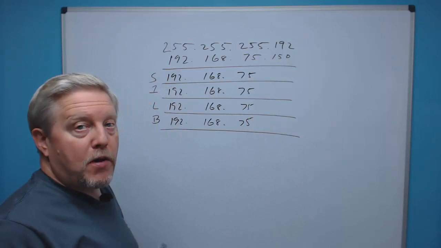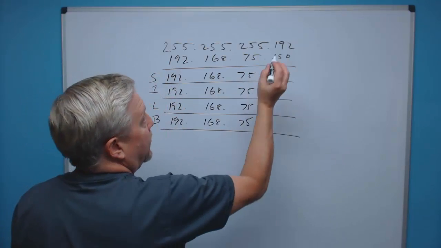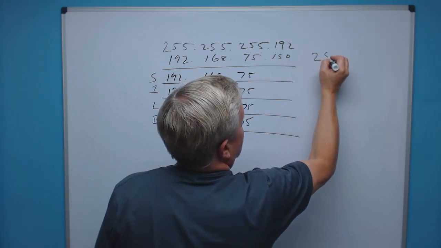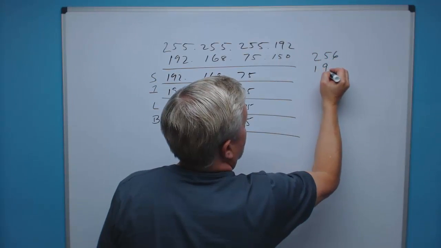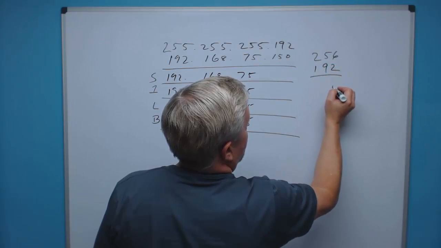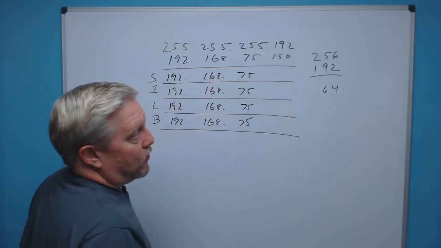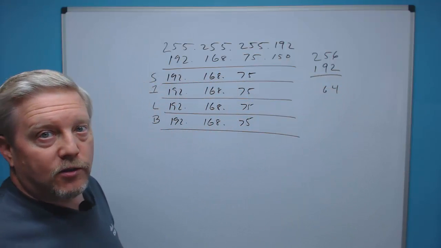Looking for our magic number again, we take 192 and we subtract it from 256. Okay, that's going to give us 64. 64 is our magic number.